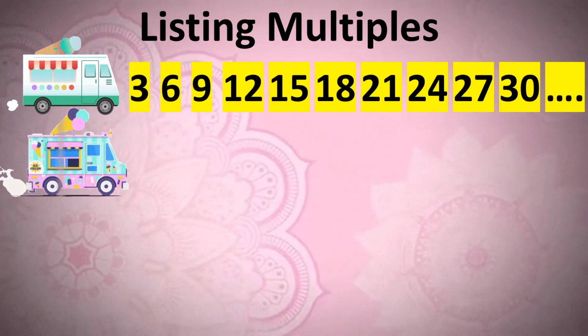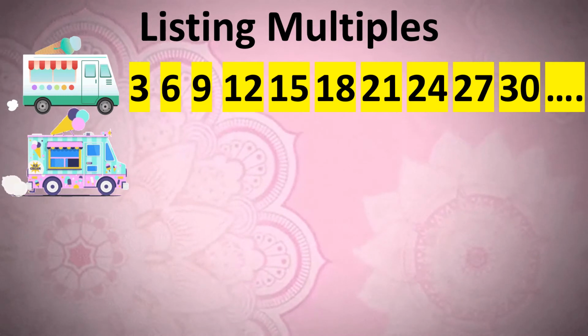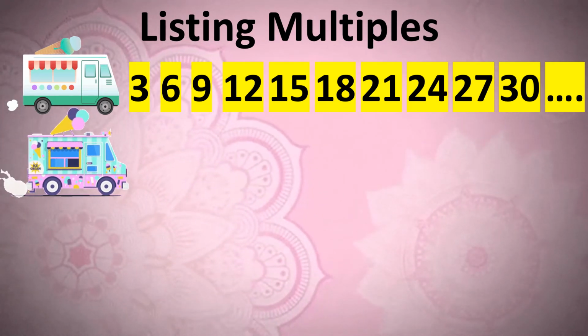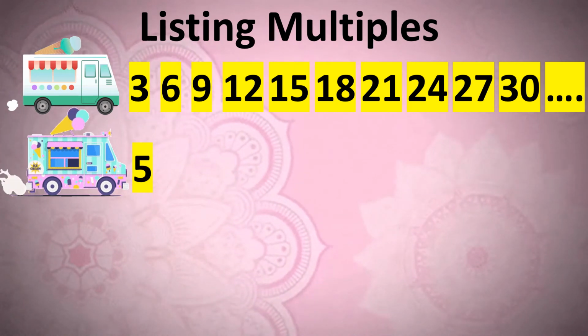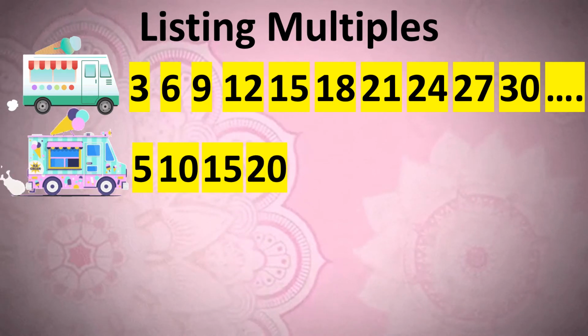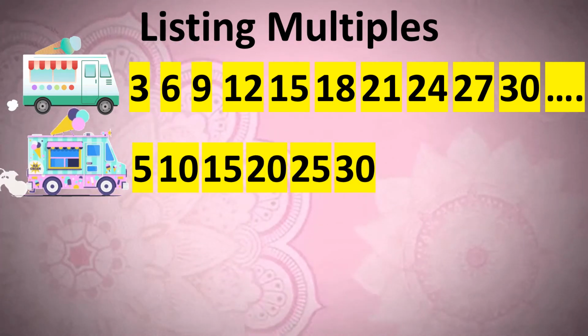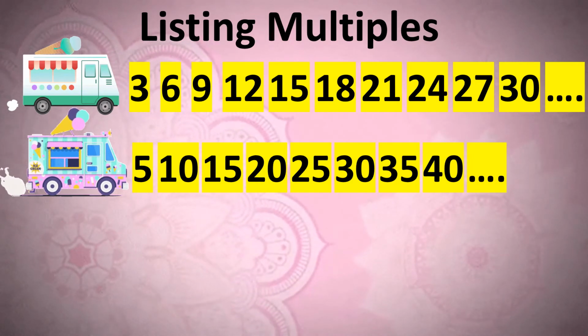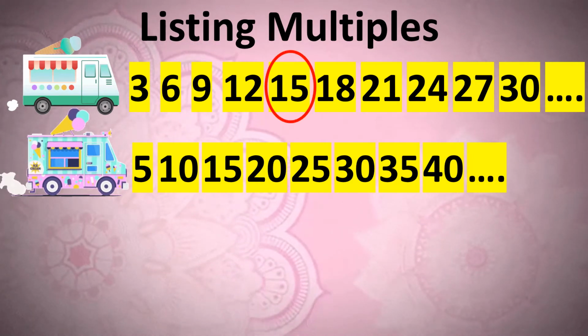Okay. So, how about the other truck that visits every fifth day? Okay, so let's begin with multiples of 5. So 5, 10, 15, 20, 25, 30, 35, 40, and so on and so forth.